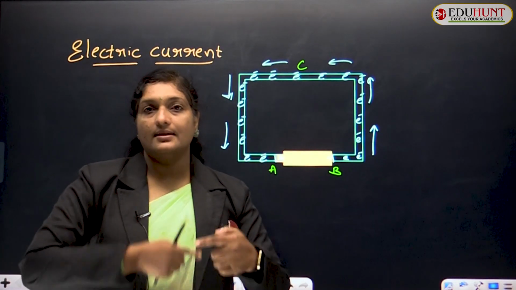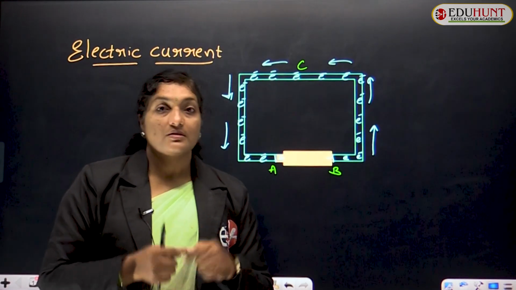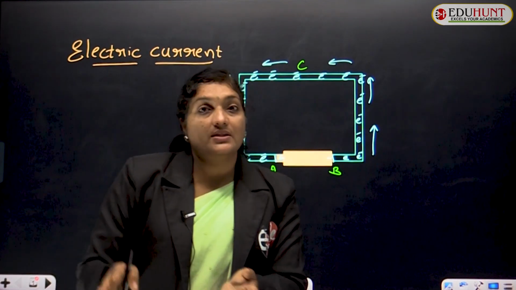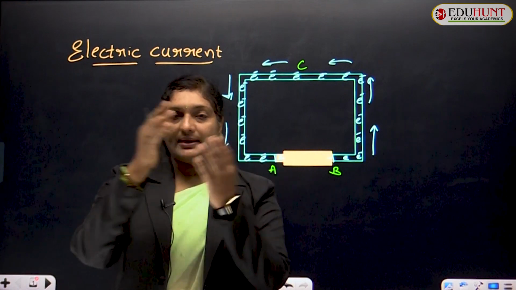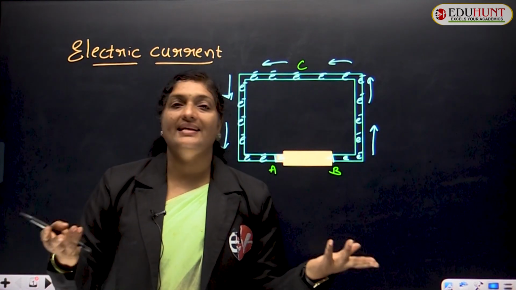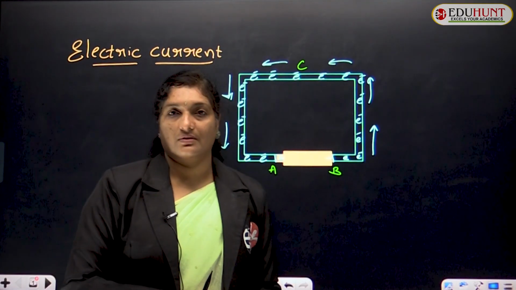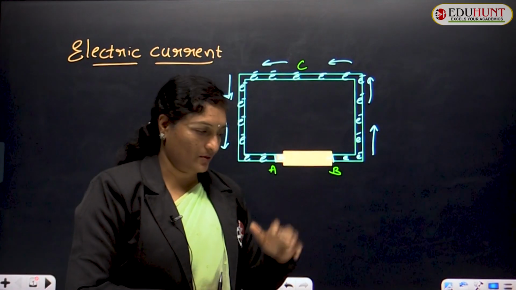As a result, the electrons start moving continuously. So whenever the charges, electrons in the sense of charges, flow continuously in one particular pattern, we say that electric current is generated, or electric current flows in the circuit. The electric current flows inside the circuit.